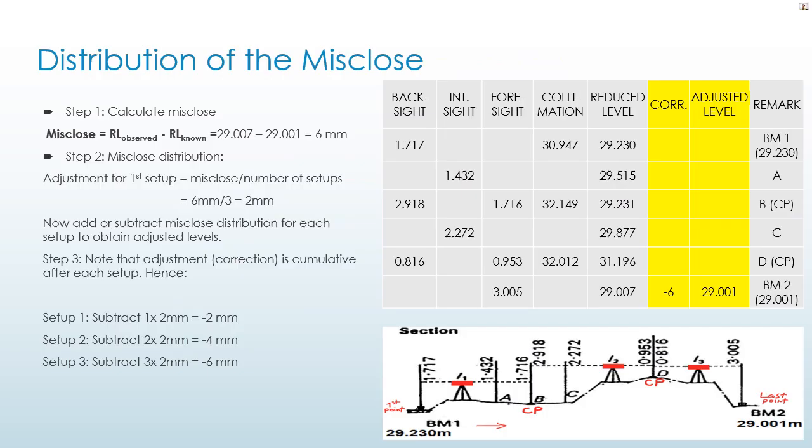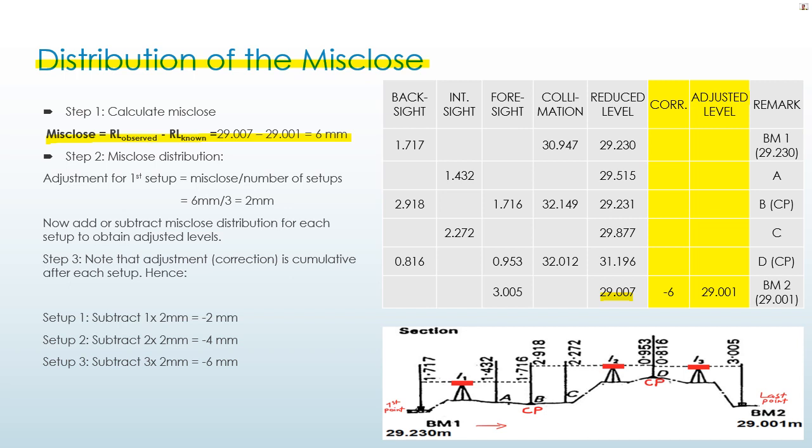The last step you need to do is to distribute the misclose for all of the points in the leveling run. So we know that there's a misclose of 6 mil between the known point and the elevation that you calculated. So we need to bring the reduced level of benchmark number 2 to the known value.